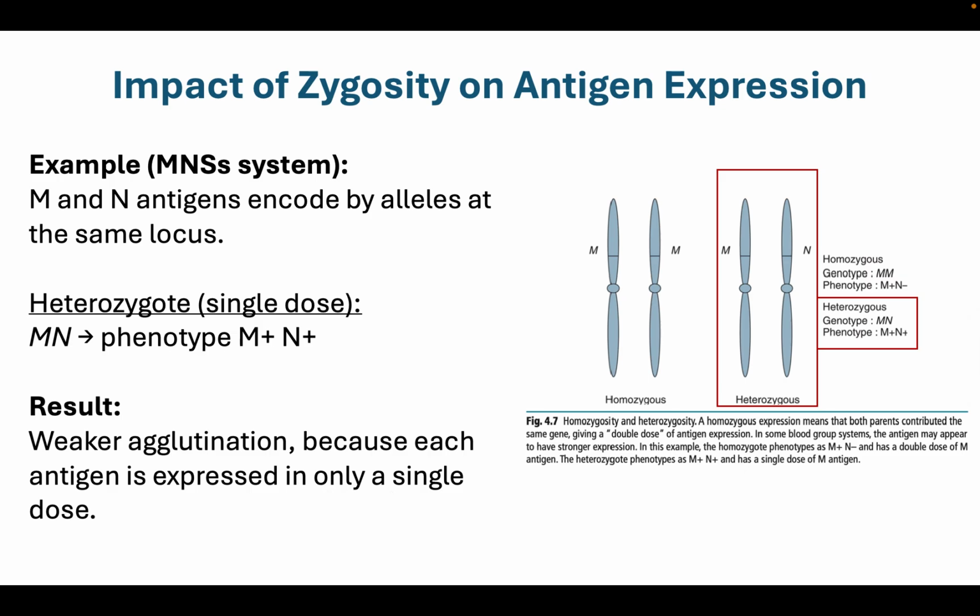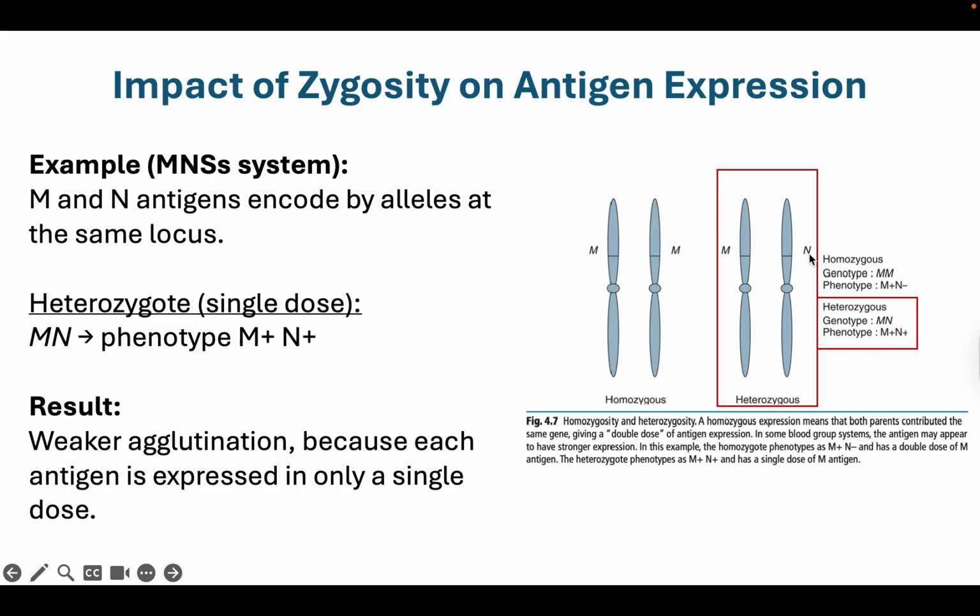So if the patient has anti-M, it will react with the red cells having M in a single dose, and they give a weaker reaction compared to the homozygotes.